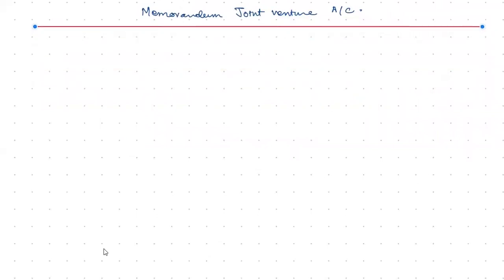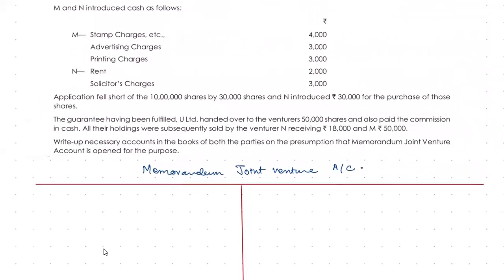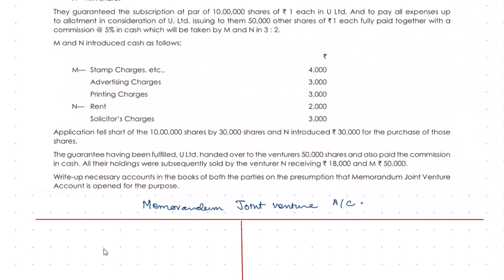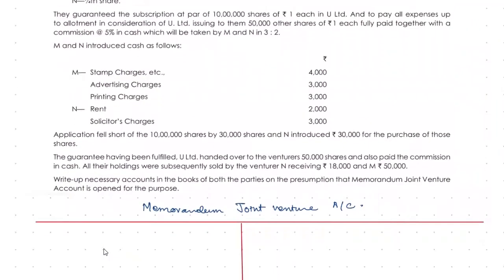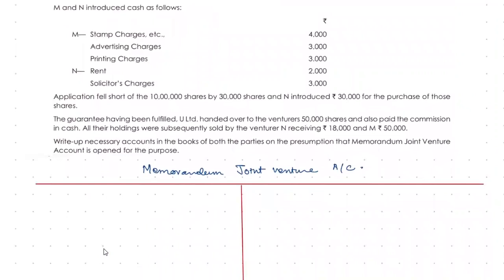Now see, at first expenses done by them. So we'll write simply to M account.